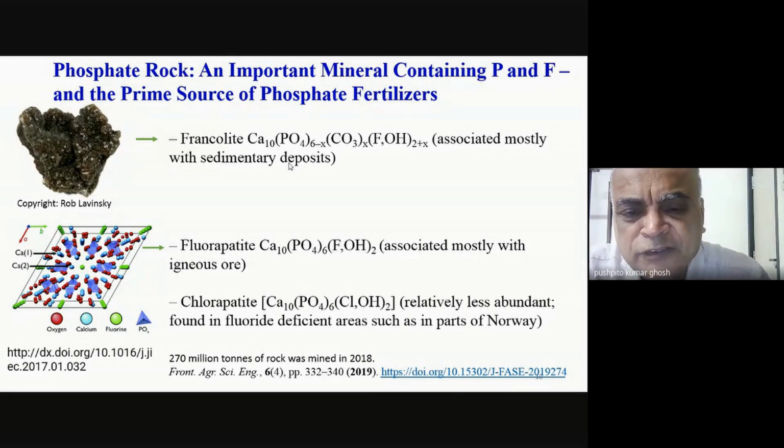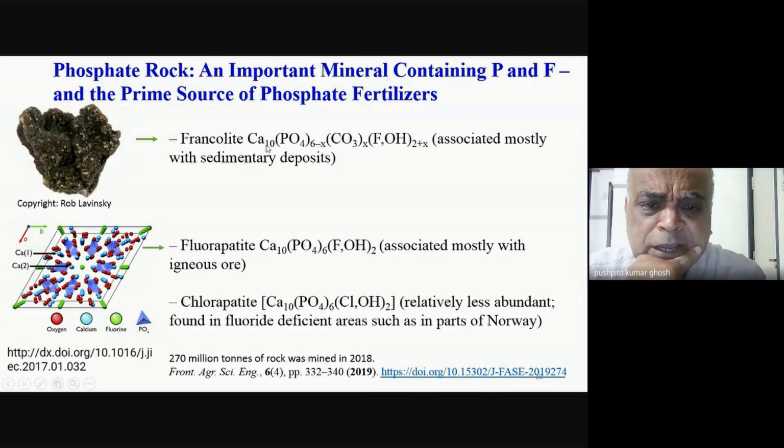Those are the sedimentary deposits, which are found near river banks, ocean banks. And then there are some which actually come from volcanic eruptions. So they have an igneous origin.